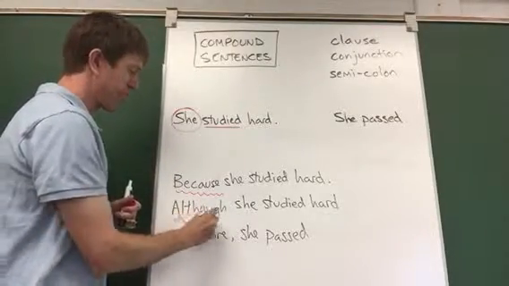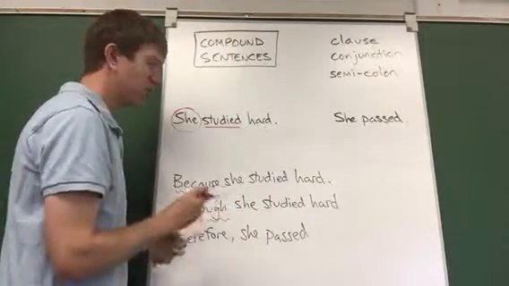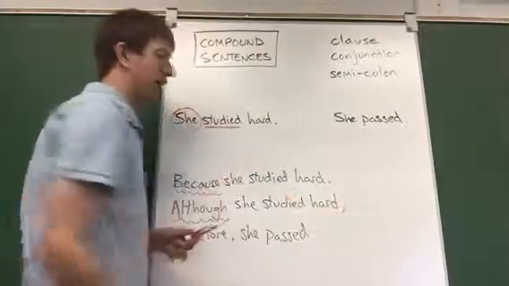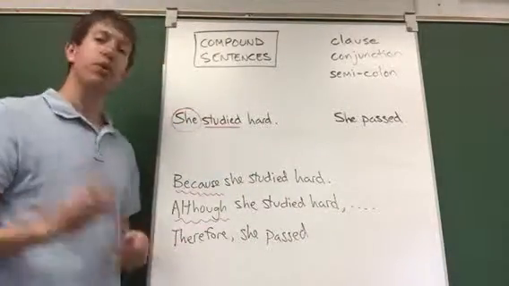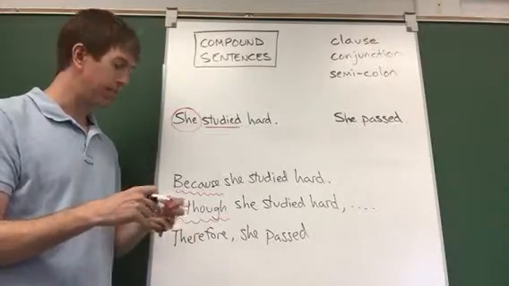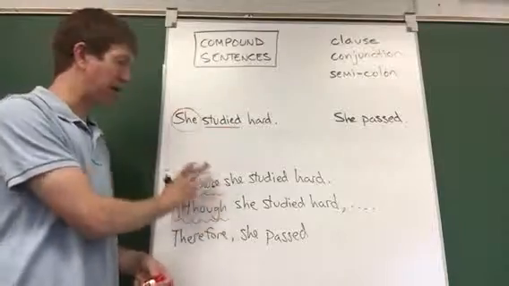When you use a word like although she studied hard, we can't end the sentence there. We need to put a comma. We need to add some more stuff. We'll go over that at some point in the class, what these words are and that kind of thing. People actually disagree about what these words are.